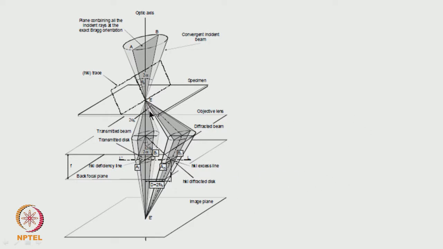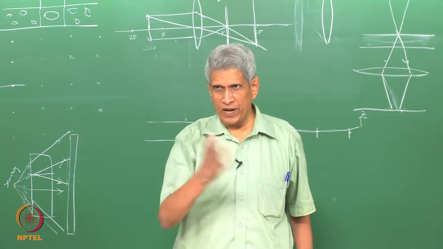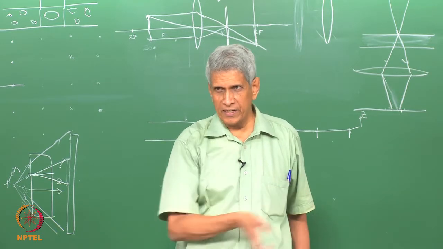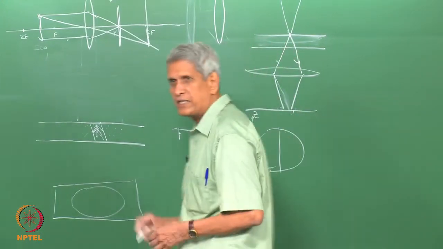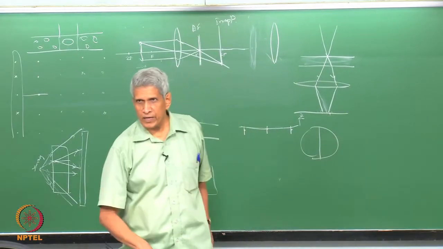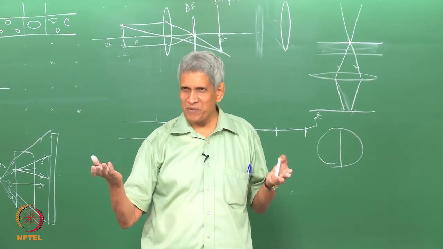Then in addition to it, when it satisfies Bragg angle, a lot of scattering has taken place. So what will happen to the intensity? In the diffracted spot you will be getting a line. In the transmitted spot, in this ring you will find that there is a reduction in intensity. This is exactly like a Kikuchi diffraction.